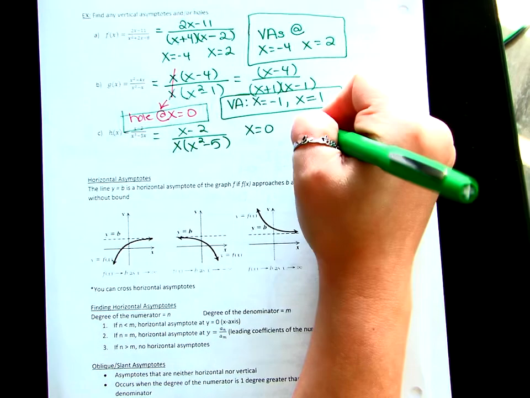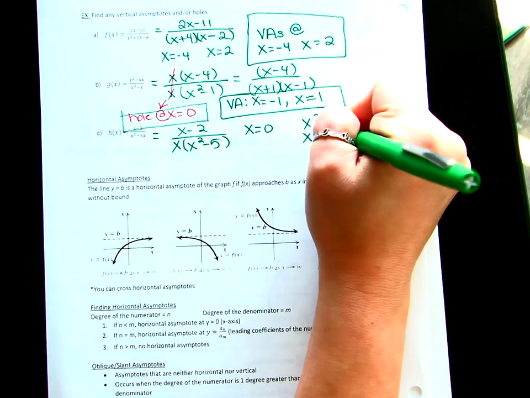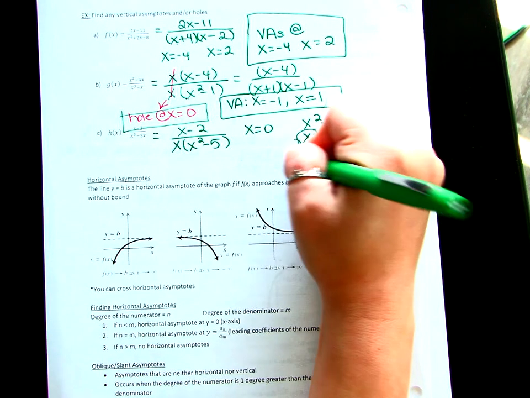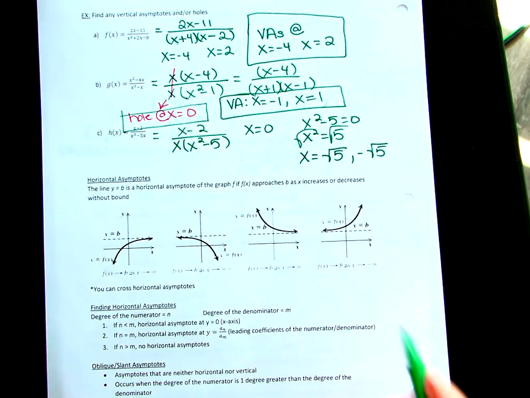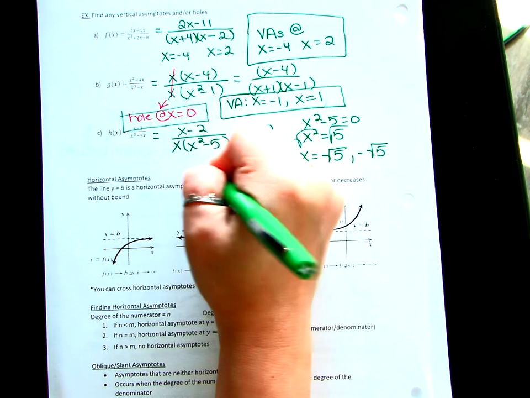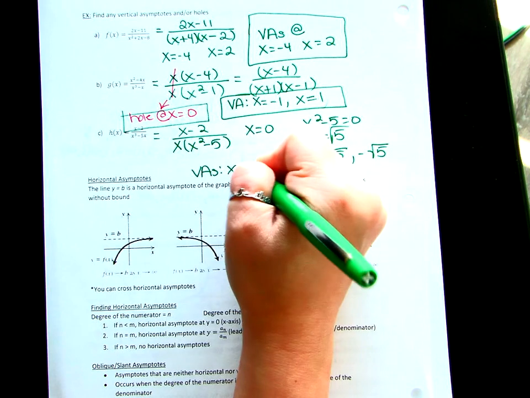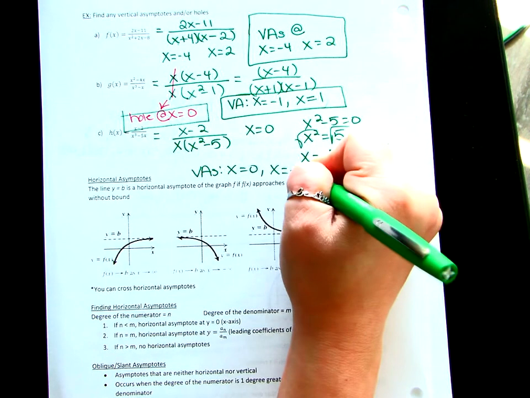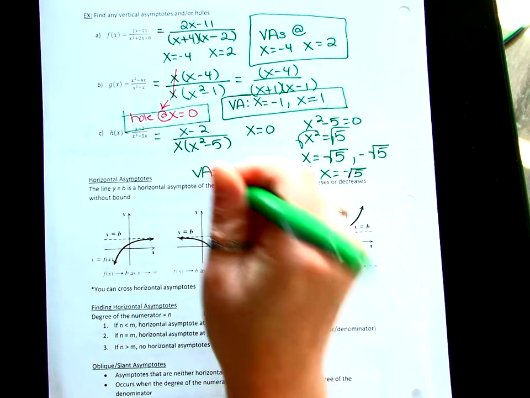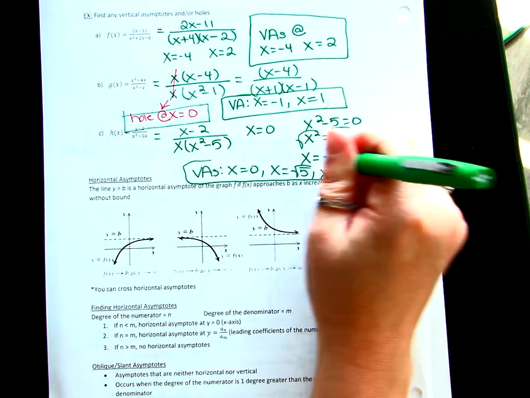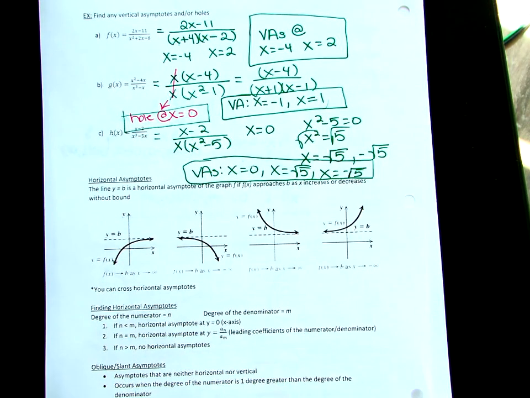I'm going to add the 5, square root both sides, so that I get x equals positive radical 5 and negative radical 5. So I have vertical asymptotes in 3 spots: at x equals 0, x equals positive radical 5, and x equals negative radical 5. You can have radicals as your asymptotes. On a test, I would never ever try and make you graph asymptotes that have radicals, because that's mean. But you can algebraically get them.